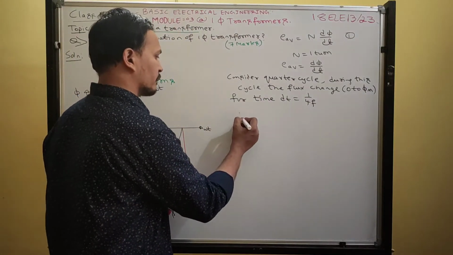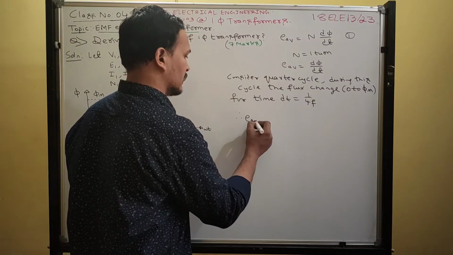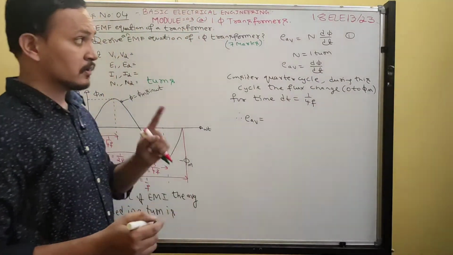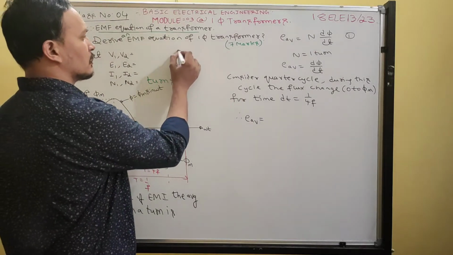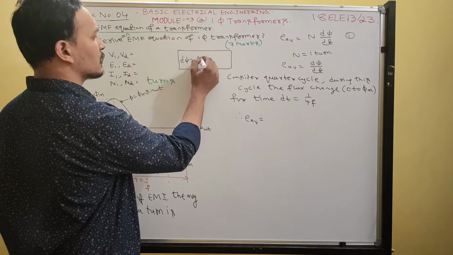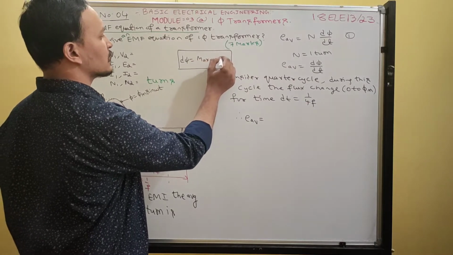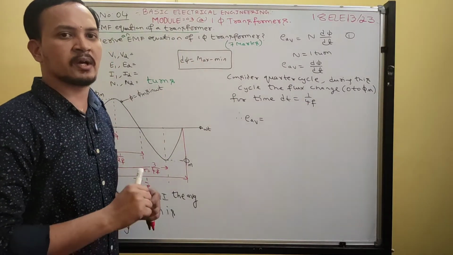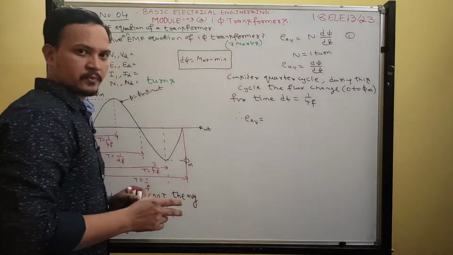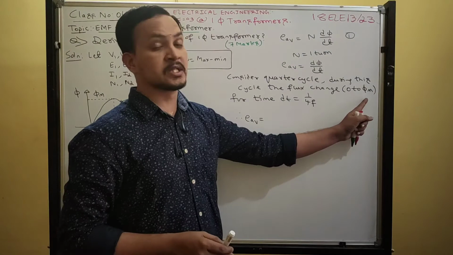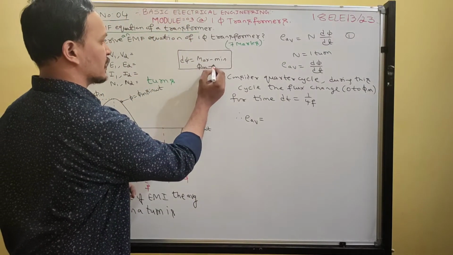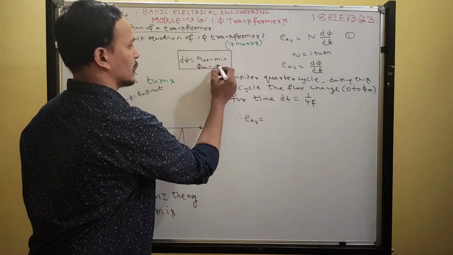So therefore you can write E_AV is equal to... see, make a note: while writing change in flux, you always write maximum minus minimum. Even though it is 0 to φm, you first write the maximum value. What is the maximum value? φm, minus the minimum value, 0.